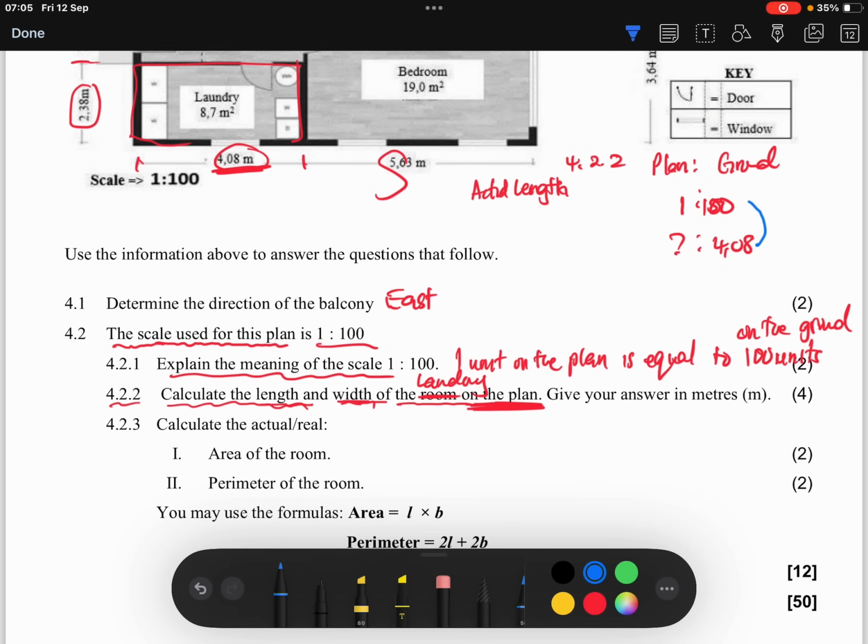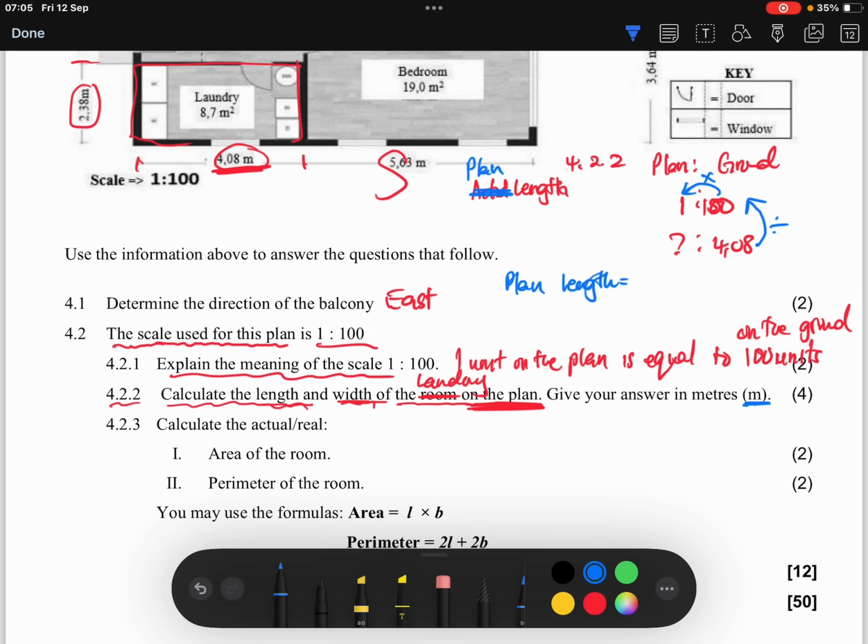So what we're going to do is go anti-clockwise. We divide, and then we times. So the plan length, not the actual, the plan length, is what we're looking for in the plan. They said we must leave the answer in meters.